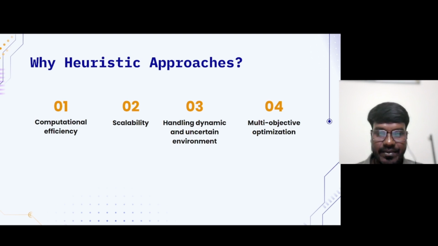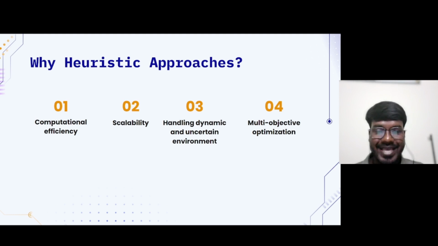Second, scalability. While classical suffers from exponential growth in computation as the number of obstacles and waypoints increases, heuristic uses domain-specific knowledge to find the near optimal solution.